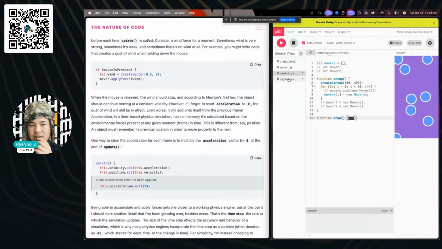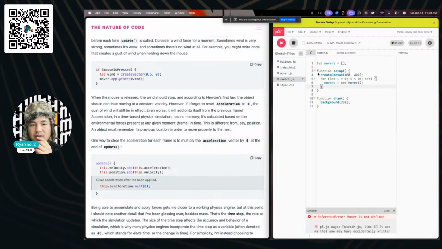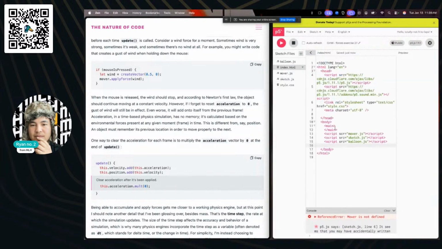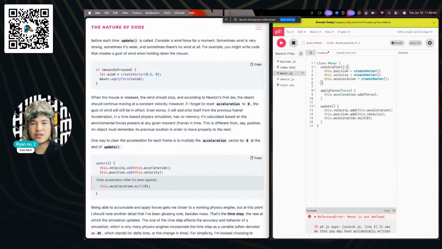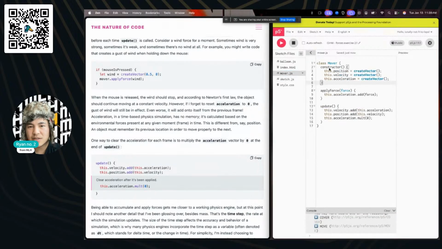Let's see how the HTML had it. Yes, mover should be above sketch.js. So that's what we've done. Mover is above sketch.js, so mover should exist. Maybe it's because I didn't save this. Or maybe it's because the constructor doesn't exist.